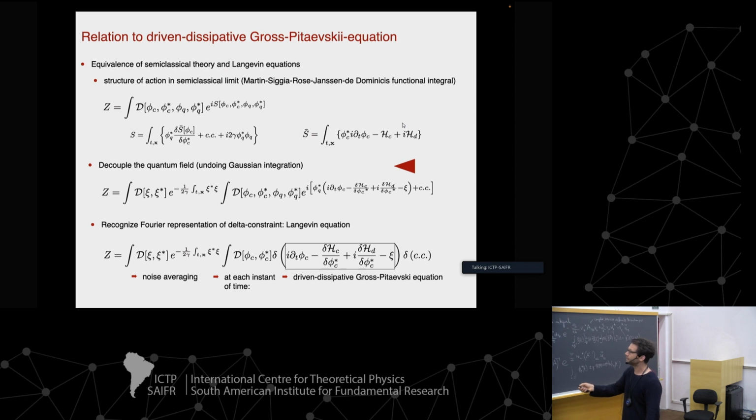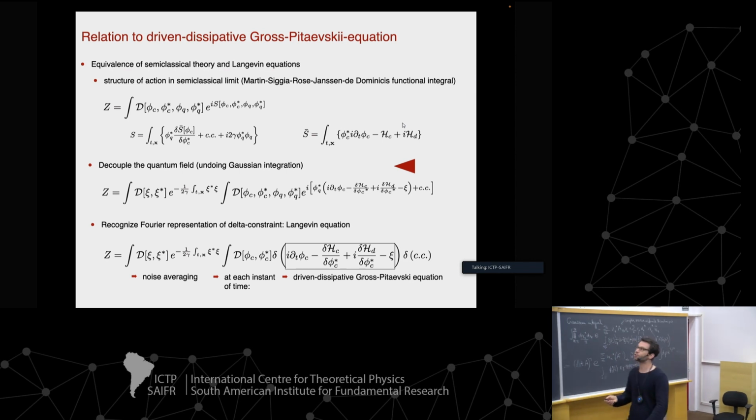So this is really the equivalence of the semi-classical limit of this Keldysh field theory to the Langevin equations that I presented to you as a phenomenological model for these exciton-polariton systems.